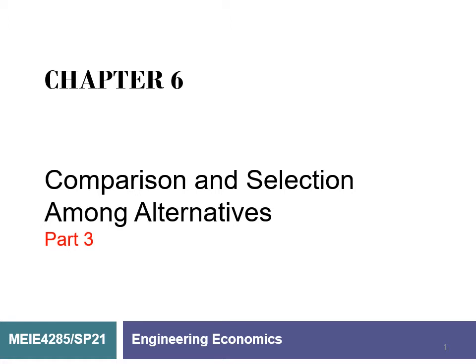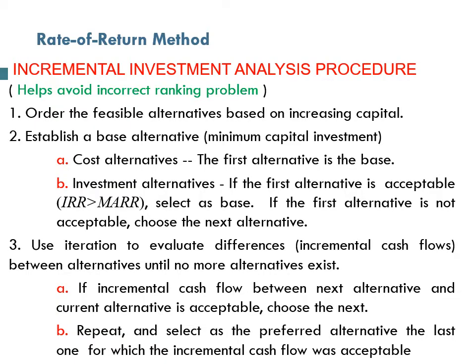In today's lecture, we will summarize the incremental analysis procedure and solve several examples on this incremental analysis using internal rate of return and external rate of return. So let's get started. We mentioned that when we use the rate of return methods in comparing project alternatives with each other, we may end up with a problem.